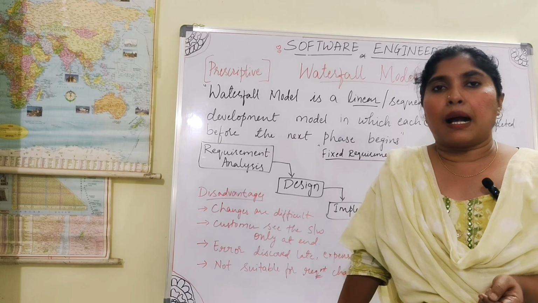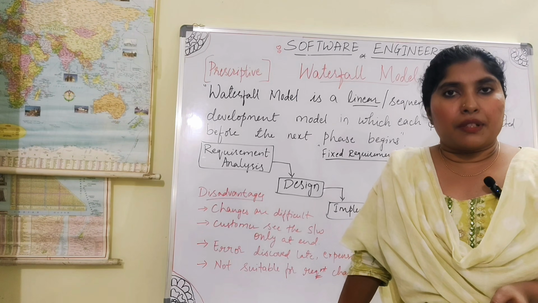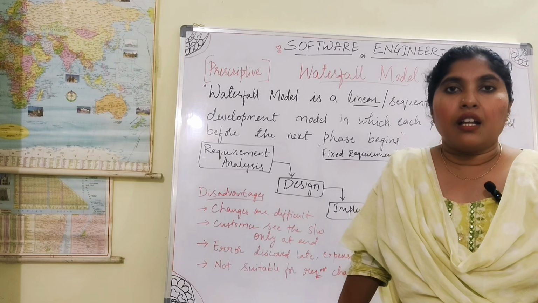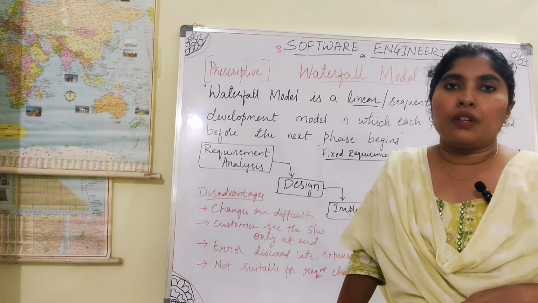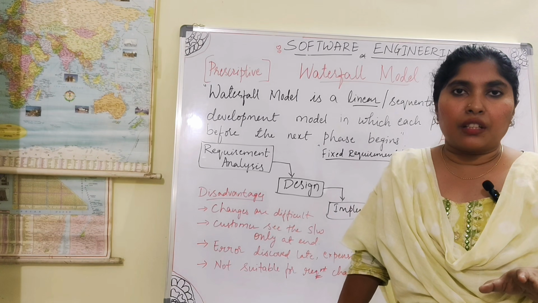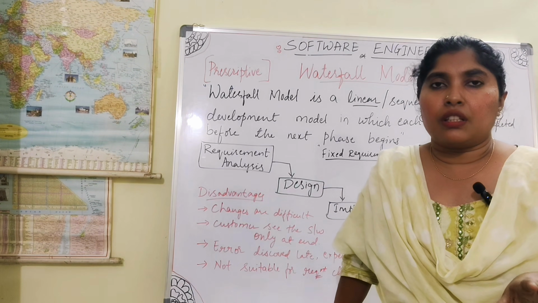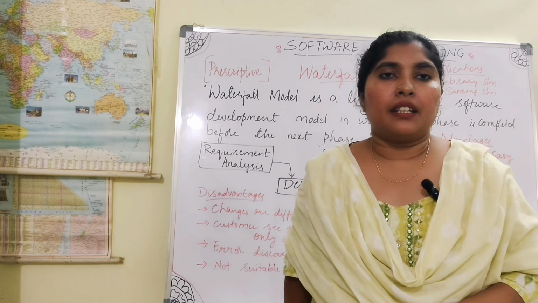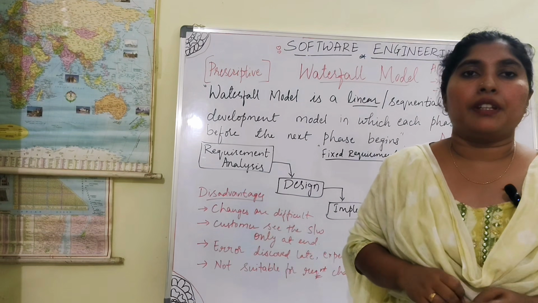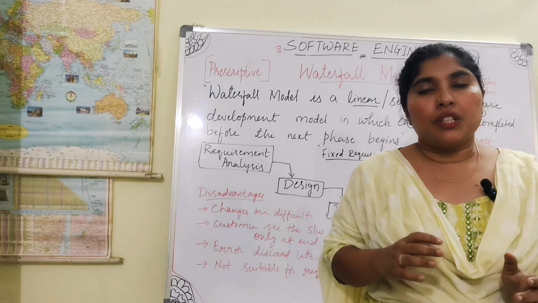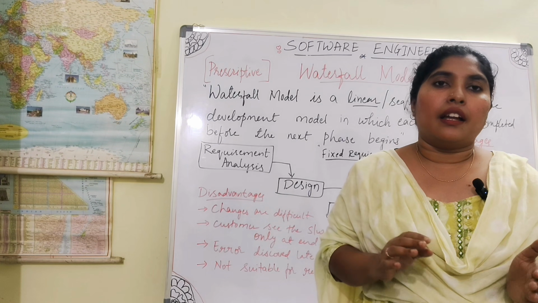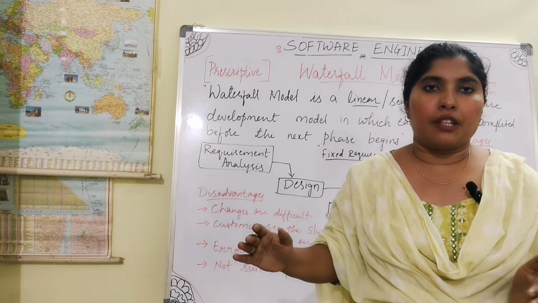When it comes to applications where the requirements are fixed, or all the requirements are known to the customer, at that time they can go with the waterfall model, and it is not suitable for large projects. So that is one disadvantage. If I take another application of the waterfall model as an example, a library management system, in which all requirements are already known to the customer, and the same thing he will deliver to the developers.